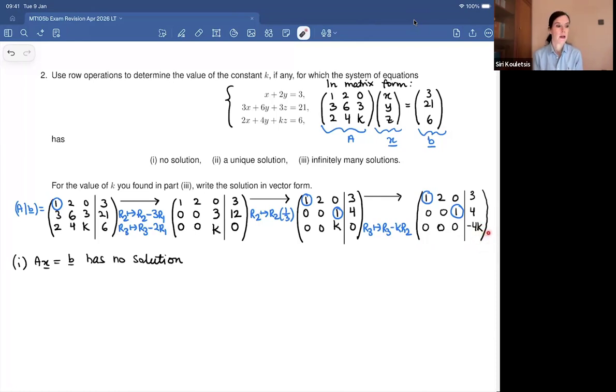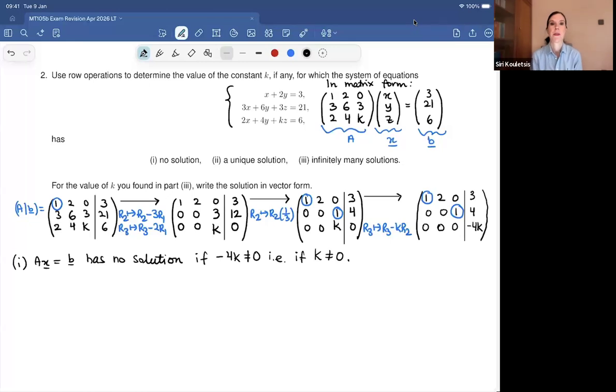Well, if k isn't 0, then we have something non-zero on the right-hand side. That would correspond to the equation 0x plus 0y plus 0z equals something non-zero. And there aren't any values of x, y, and z that can ever satisfy that. So if this minus 4k is not equal to 0, which is the same as to say that k isn't equal to 0, then this system has no solution.